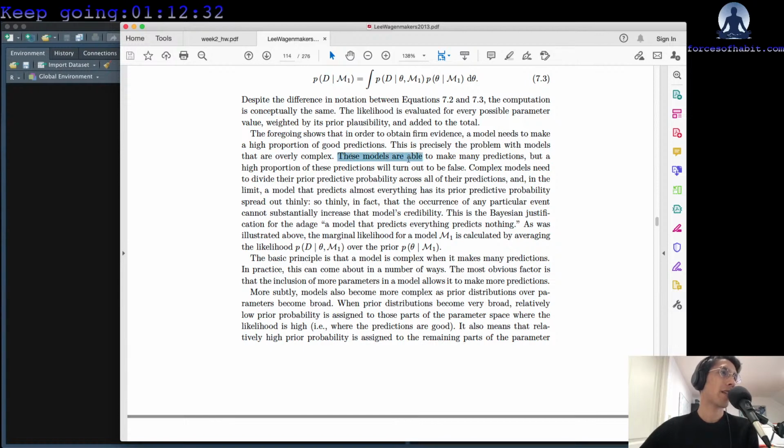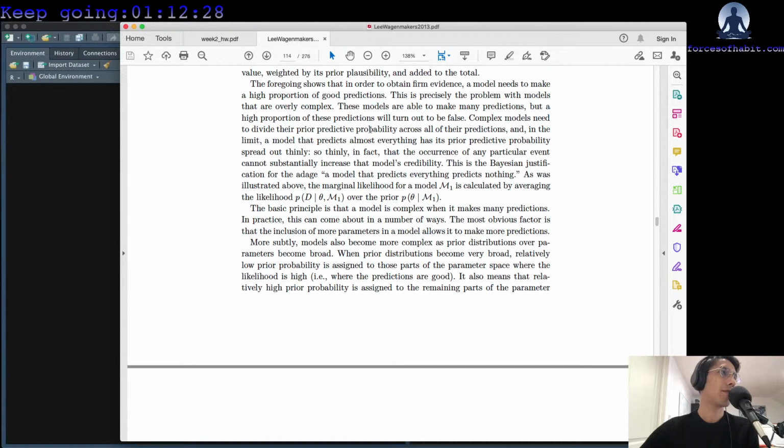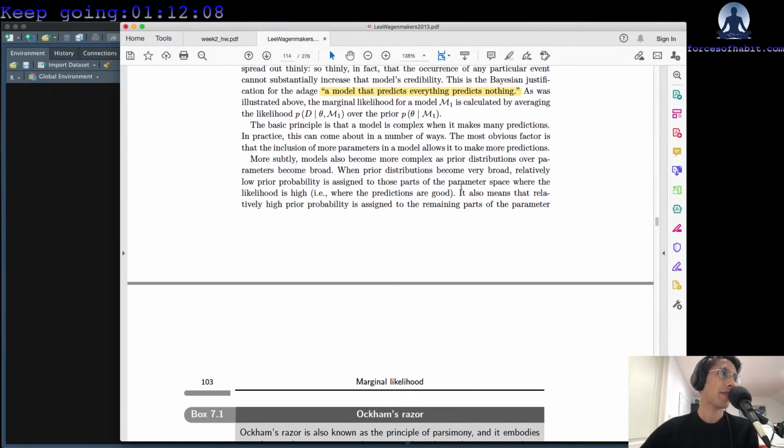In fact, a lot of them turn out to be wrong. So we need to divide the priors across all the predictions in the limit. And that's kind of the adage here: if you're predicting everything, you're predicting nothing.